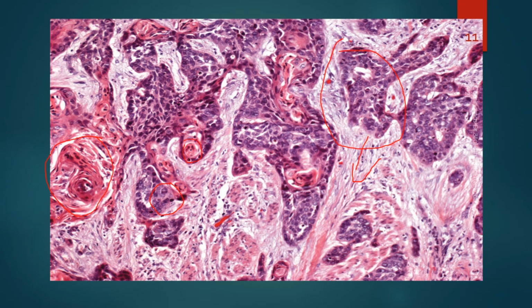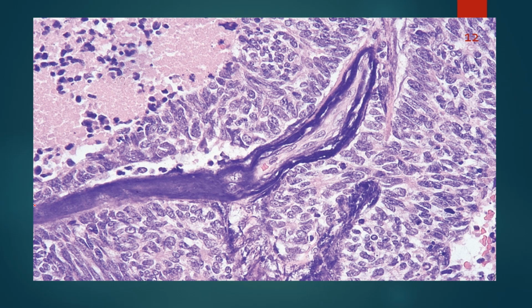This is how it looks, some spindly intertwined kind of material with visible nuclei in some areas and not visible in others. So these are the keratin pearls. You should remember these structures with respect to squamous cell carcinoma, in addition to cellular morphology, of course.